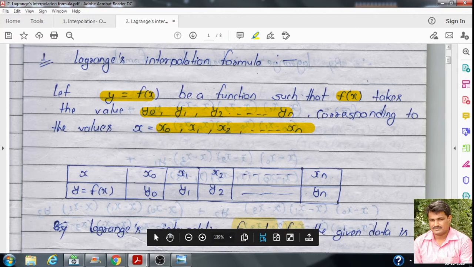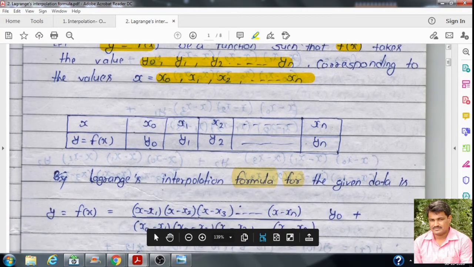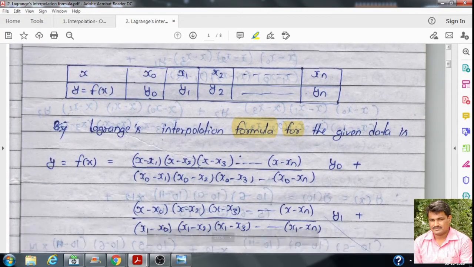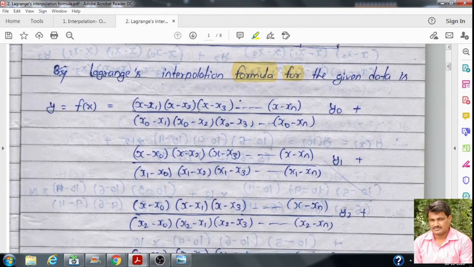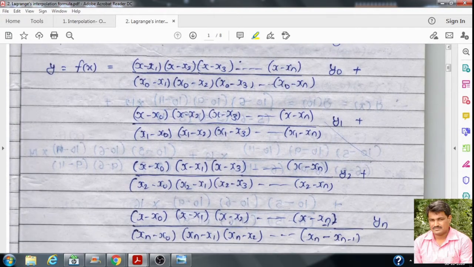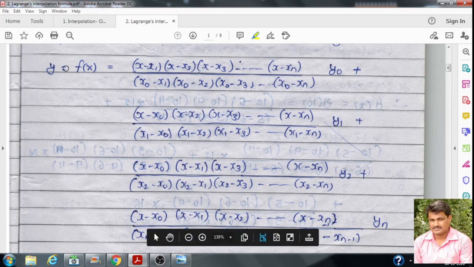Then using Lagrange's interpolation formula, the interpolating polynomial for a given data is represented by this equation. That polynomial we are writing y is equal to f of x.